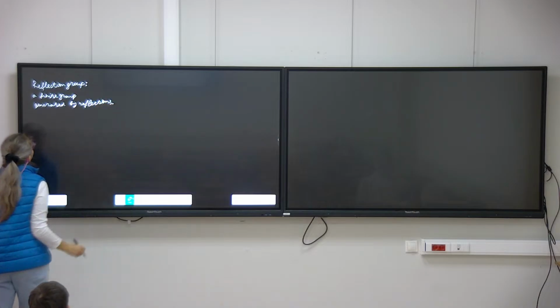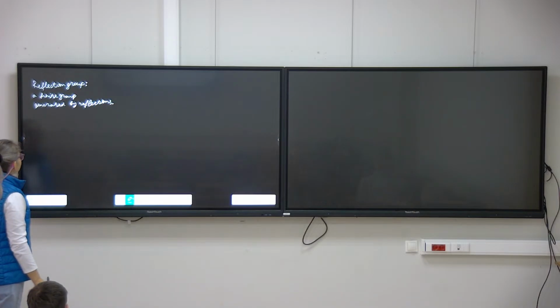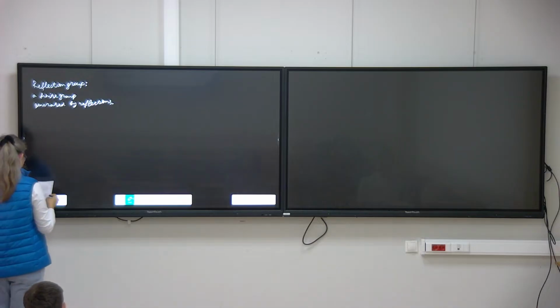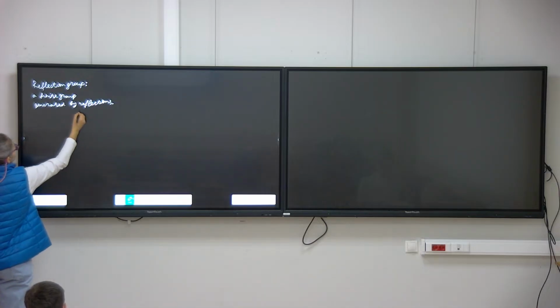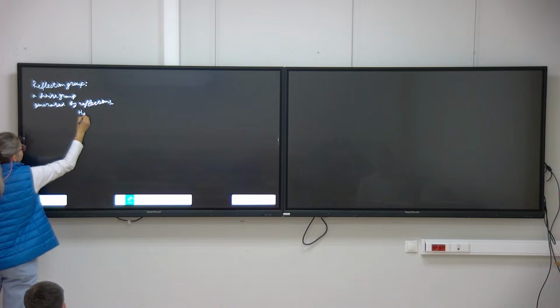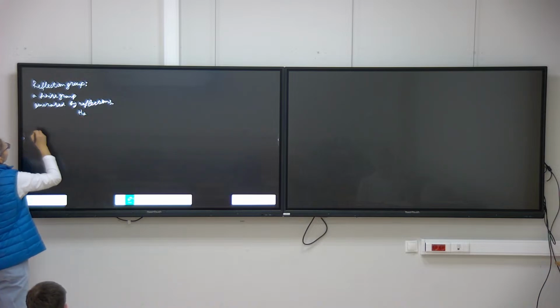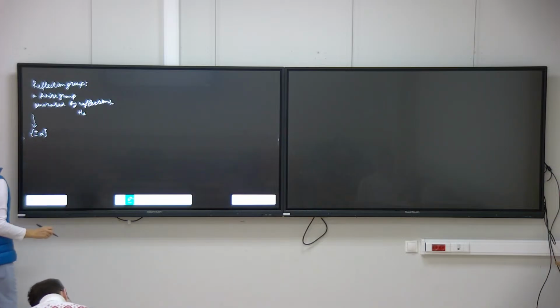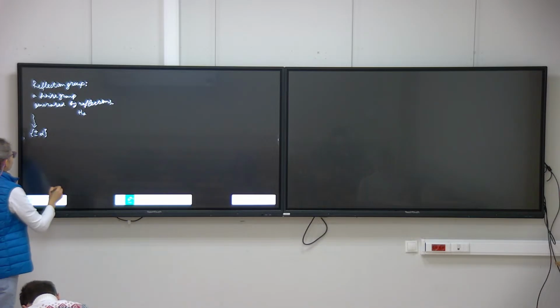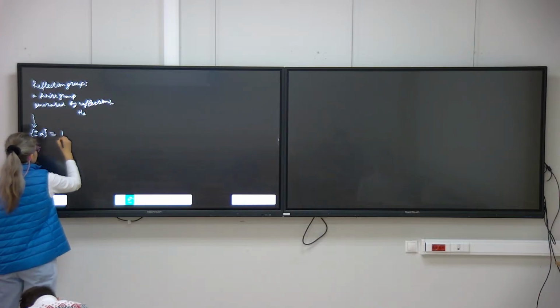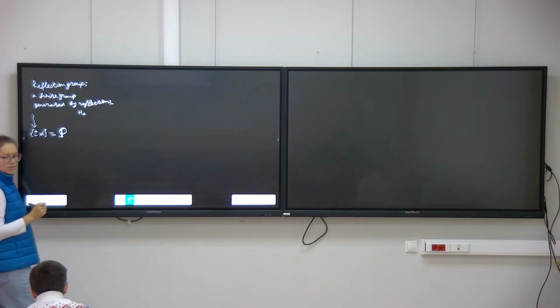So we can say that in fact it is generated by reflections H alpha, and we can construct the following set: the set of plus minus alpha. Clearly this set will be invariant under all the reflections.